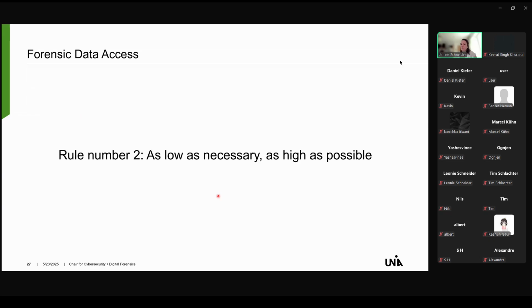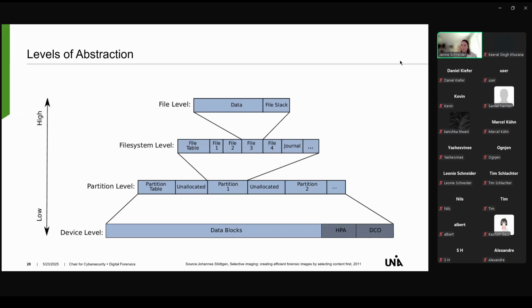You want to go down as low as necessary, because every level of abstraction can also introduce loss, because the more abstraction you have, the more you have to interpret, and interpretation can go wrong. So as low as necessary and as high as possible, because the higher levels of abstraction are actually the things we are interested in. It will become clear, hopefully, with that picture here.